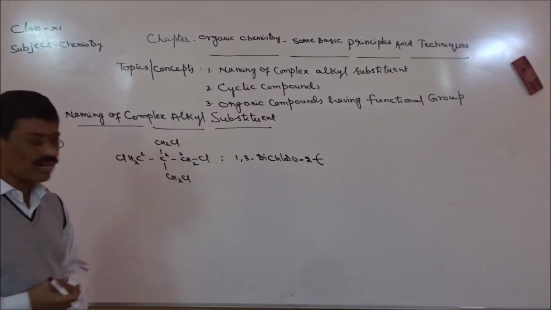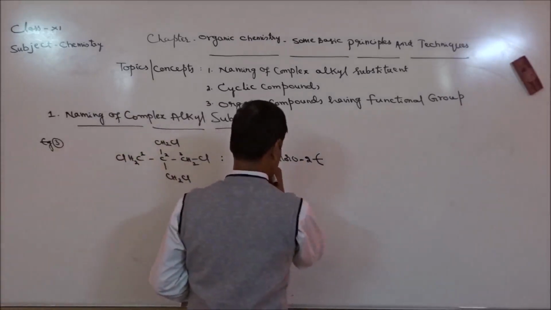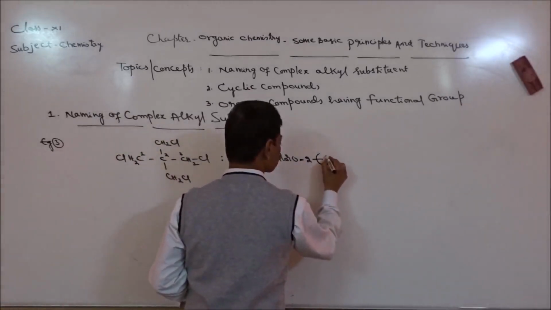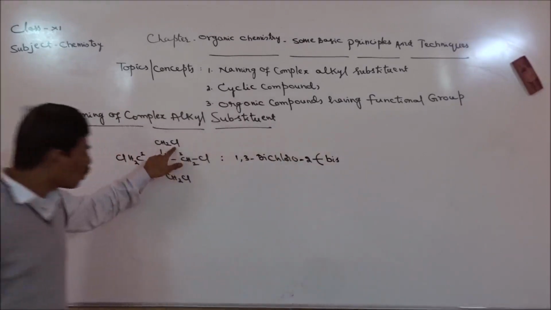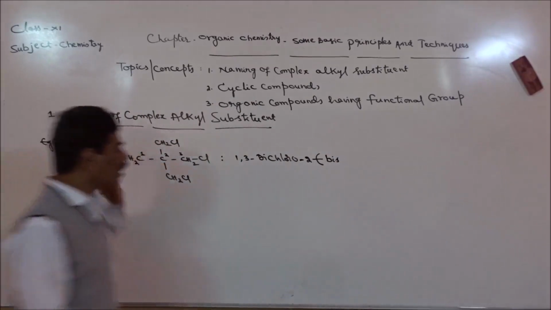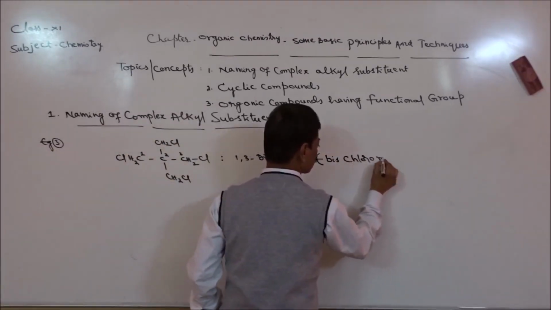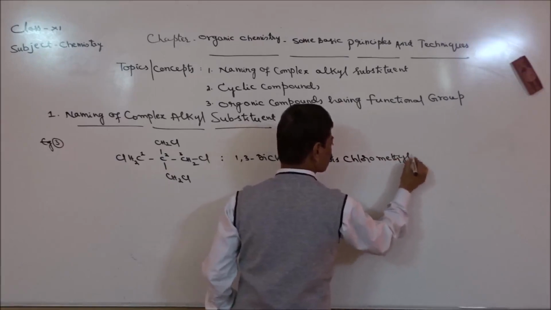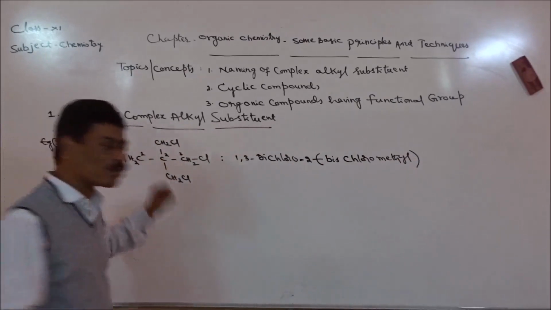So we are going to write bis(chloromethyl). Now the chain has 3 carbon atoms, meaning it is derived from propane.